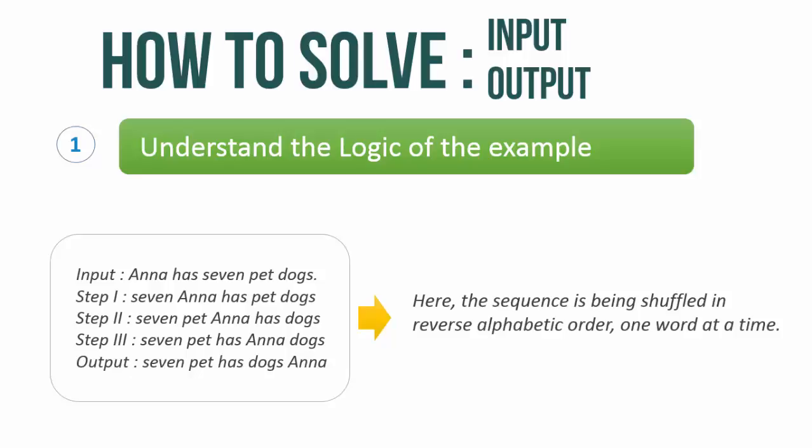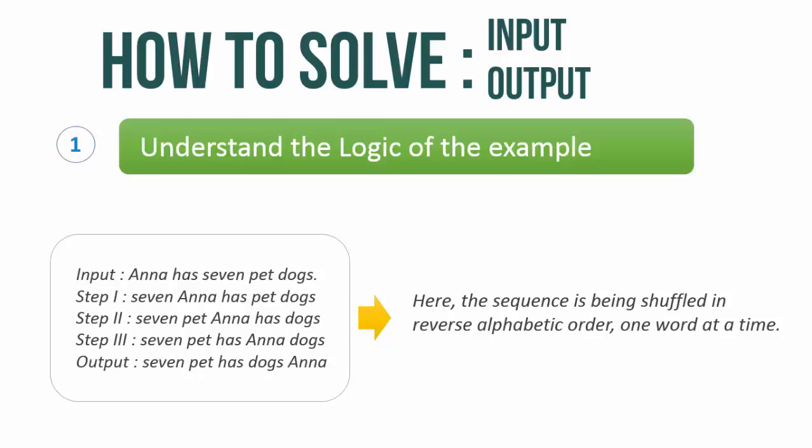For this, if you look carefully at the output and the 3 steps, you will notice that the sequence is being shuffled in reverse alphabetic order, one word at a time. So in step 1, the input sentence, that is Anna has 7 pet dogs, is taken, and the word that comes last alphabetically, that is 7, is taken and put first.